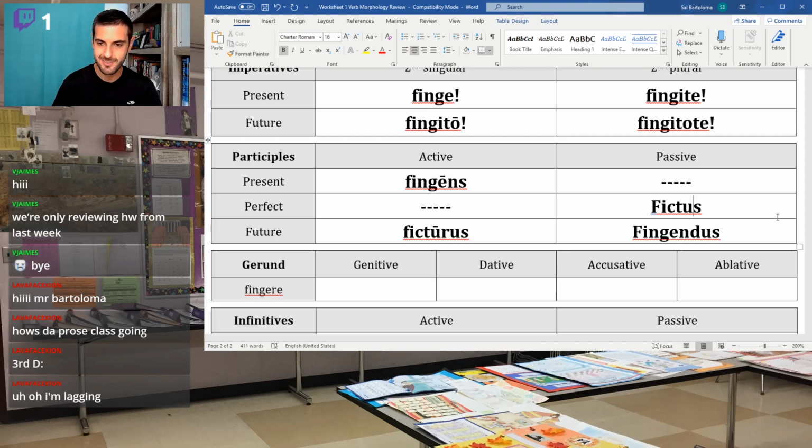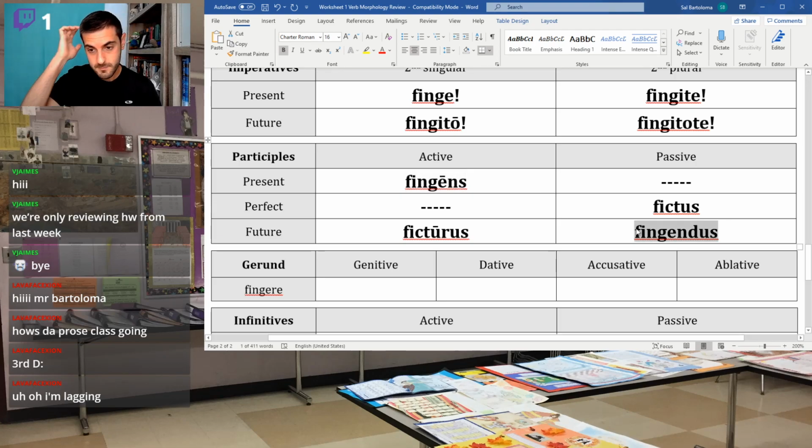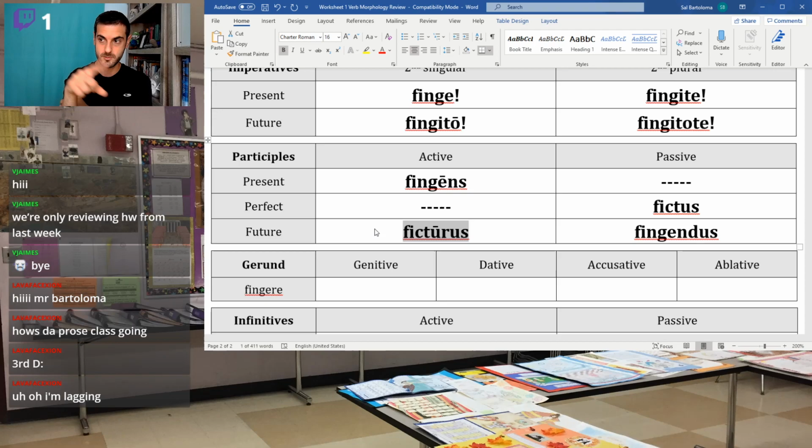So looking at these 4 forms, you'll notice that the first one and the last one kind of look the same. They're kind of based on the same stem. We got fing and fing. And these 2, fictus and ficturus, are based on the same stem. So they almost create like a nice X, right? The first one and the last one are the same. The other 2 are the same. So if you drew lines, it would be a perfect X, or pretty close.